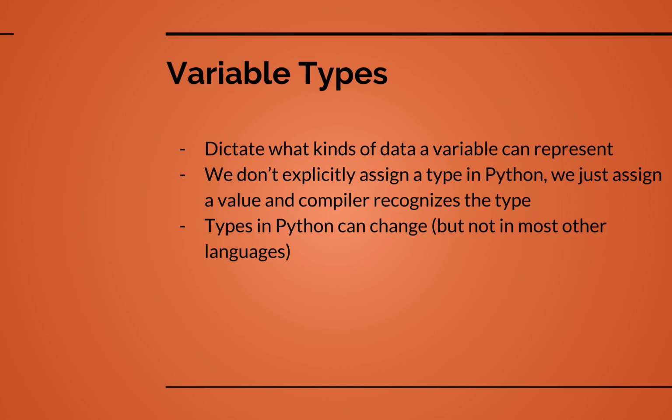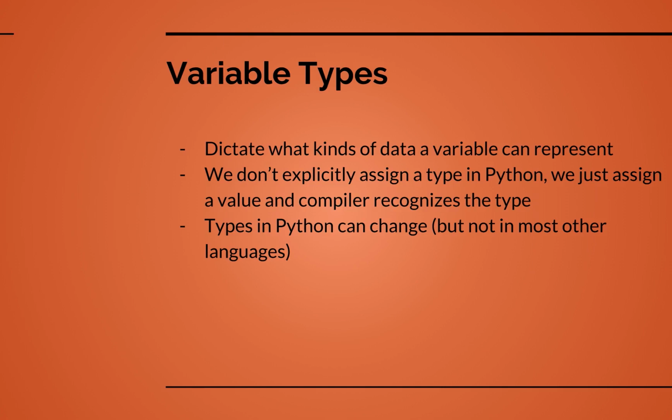The second big way that variable types are different is that Python variable types can change. So that means that, let's say I start out with some variable that's storing numerical data. Maybe I want that same variable to store text data later on. Most other languages won't let you do that. They're called statically typed languages.